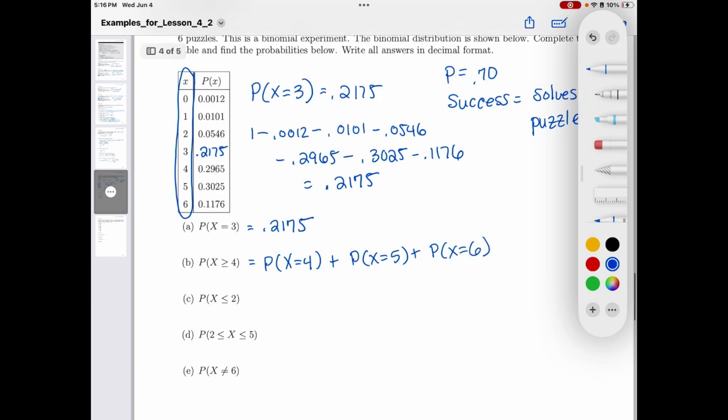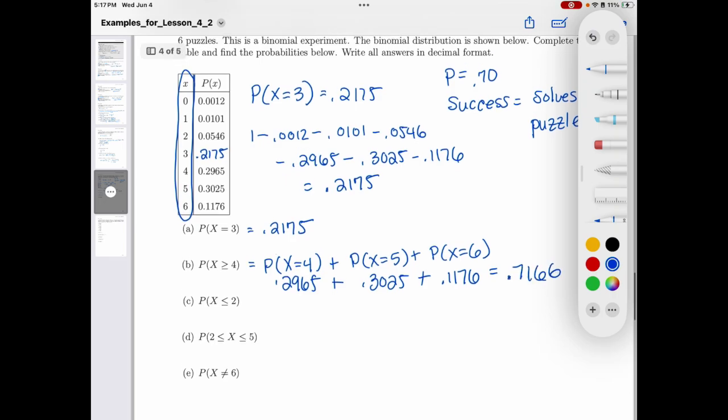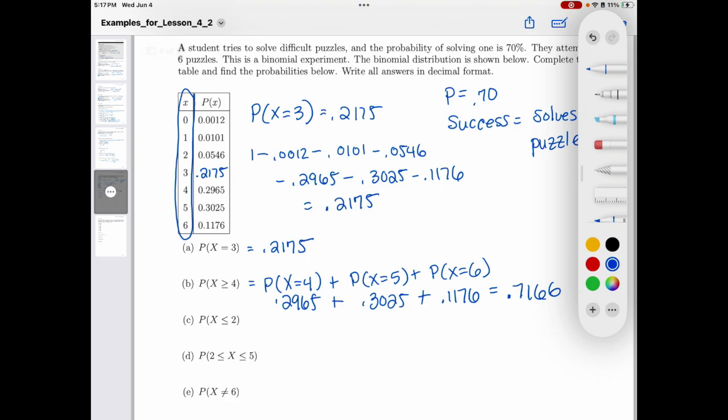For x equal to 4, that's 0.2965, plus for x equal to 5, that's 0.3025, and for x equal to 6, that's 0.1176, which gives us a total of 0.7166. So the probability that this person solves the puzzle more than or equal to 4 times is 0.7166, or about 72%.